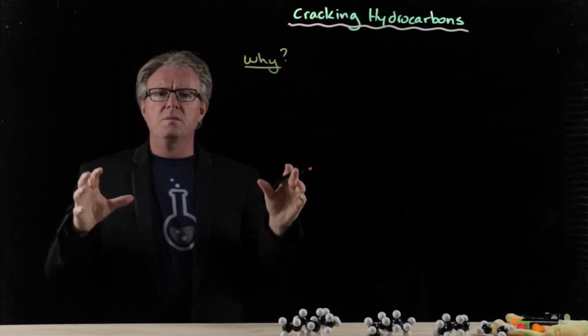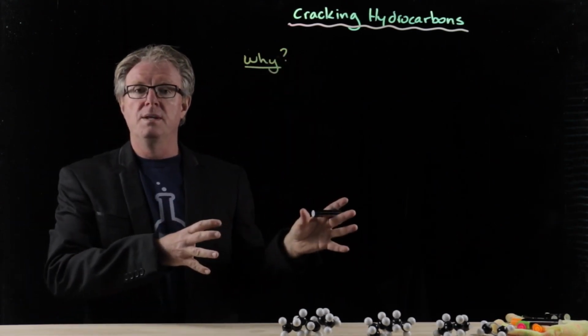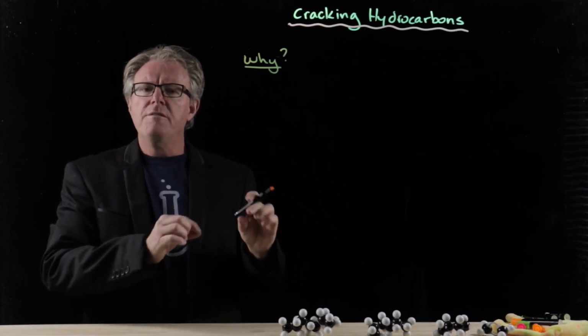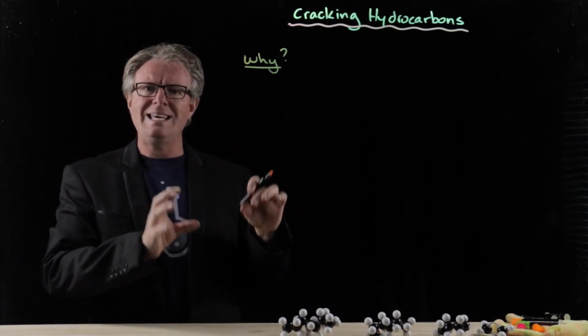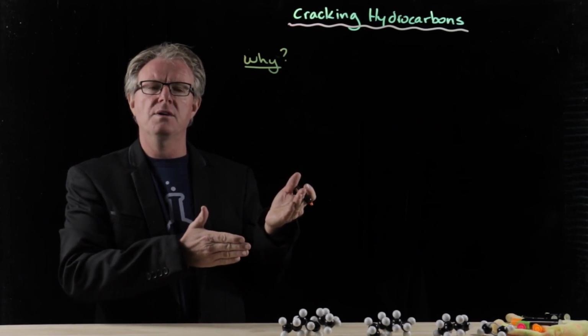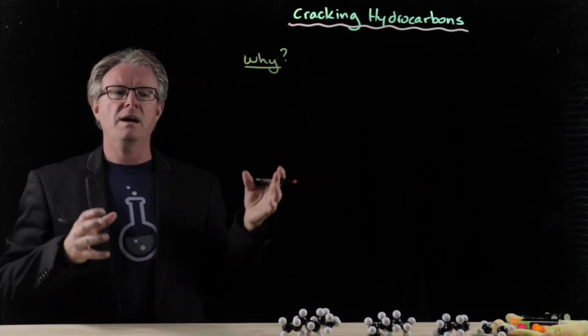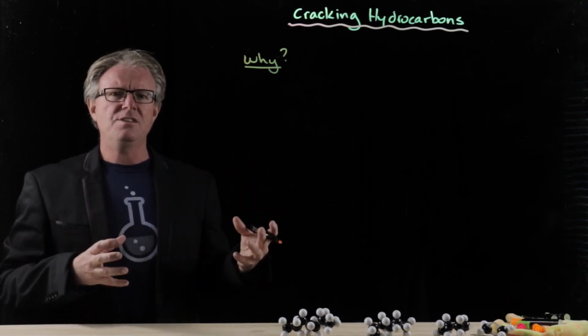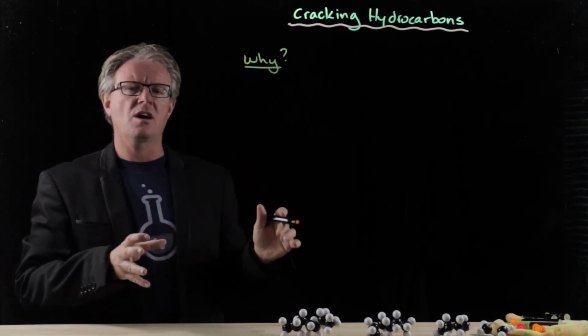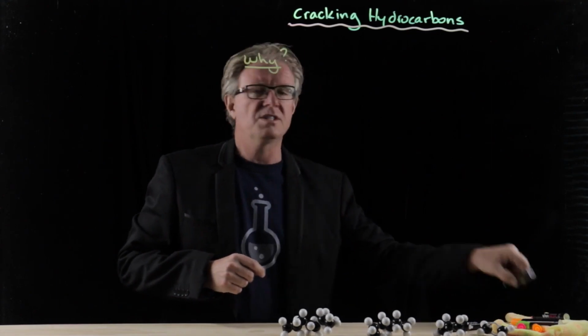Well, the thing is that we get our petrol from petroleum, and there is not enough petrol length fractions in petroleum when you separate it out to satisfy the societal demand. We have a lot of cars that need this, and we don't have enough within the size of the fraction to satisfy demand.